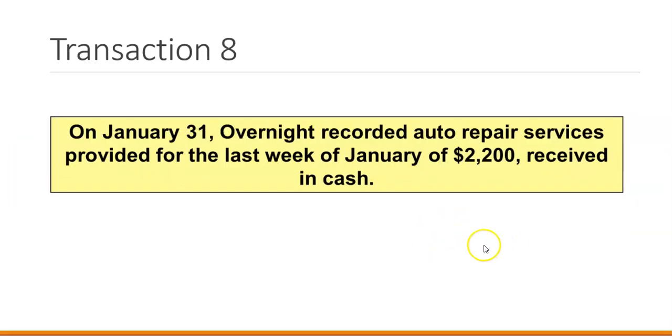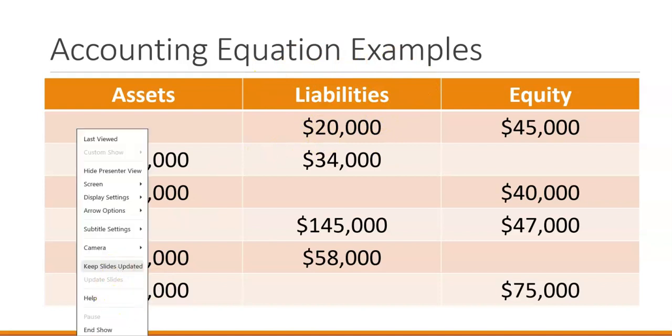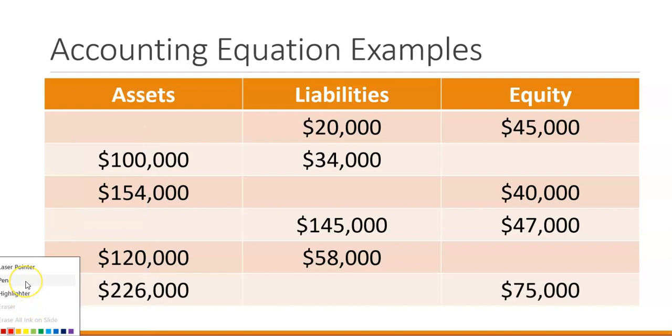As I said, I'm going to go through these transactions in detail on Excel. Now we have this example where we have assets, equation examples, and I'm going to write on these. So this is the accounting equation: assets equals liabilities plus equity, and we want to fill in the blanks.